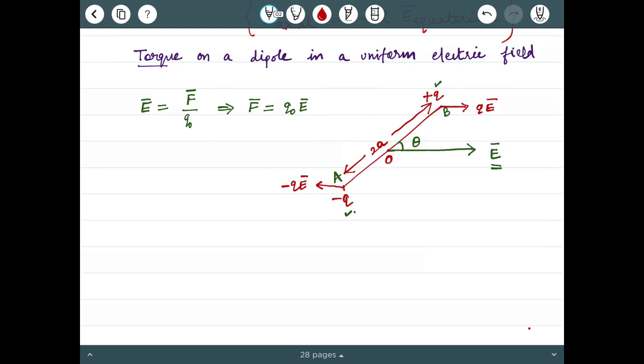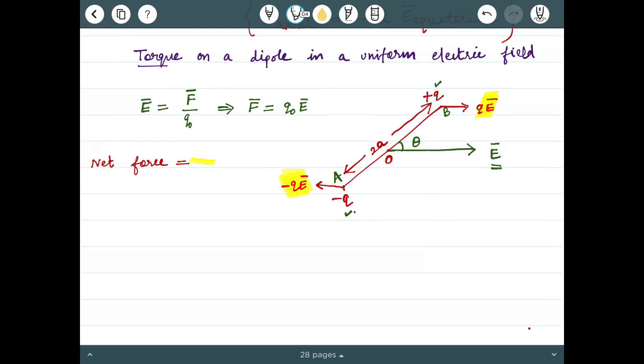So what is the net force on this dipole? Net force, if you see, qE is acting in the x-axis direction, and this is acting in the negative direction of the x-axis. So both are equal and opposite.